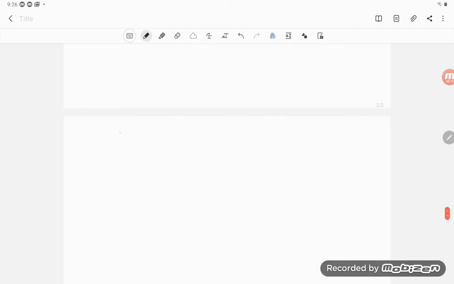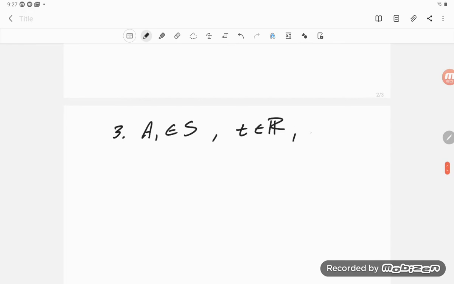3, scalar multiplication, so I'll let A1 be an element of my subset S, some t an element of real numbers, and we'll let A equal t A1.